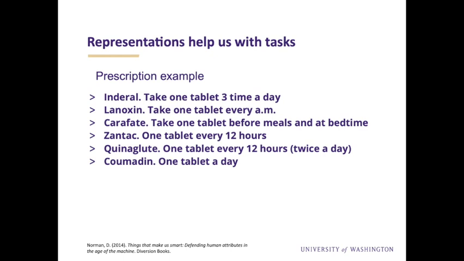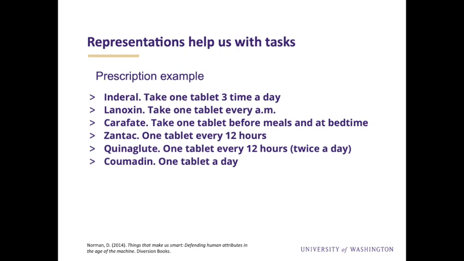So the first drug, you're supposed to take one tablet 3 times a day. Second one, you take one tablet every AM. The next, you take one tablet before meals and at bedtime, one tablet every 12 hours, one tablet every 12 hours as well. And then the last one you take once a day. So how would you keep track of this information?